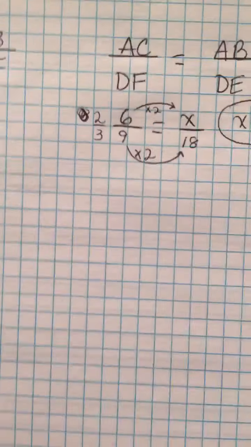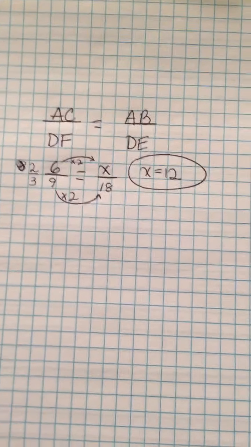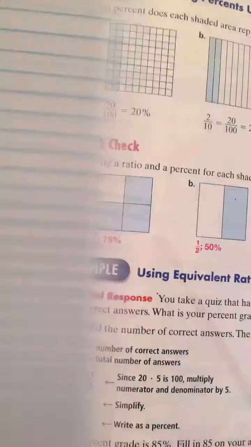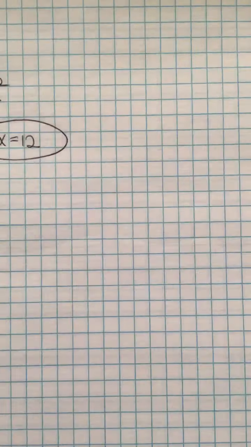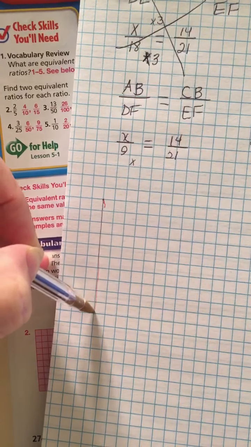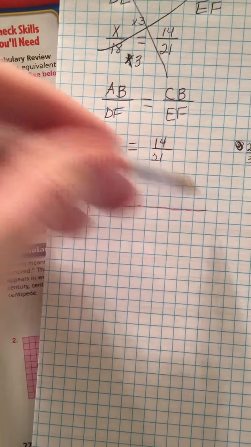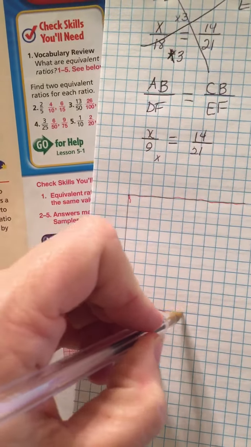All right, I have some graph paper here. And so if they want you to model something, 80% on a 10 by 10 grid. So you're going to have over here 1, 2, 3, 4, 5, 6, 7, 8, 9, 10. And 1, 2, 3, 4, 5, 6, 7, 8, 9, 10. There's my grid.